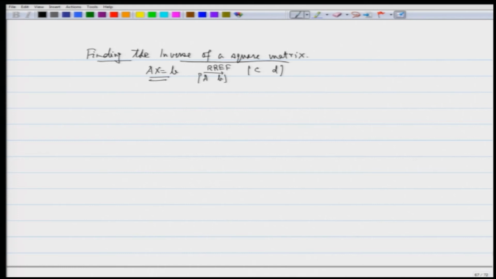So, in place of just solving the system Ax equal to B, I would like to solve the system Ax equal to E1, which is 1 0 0, the first column of the identity matrix.